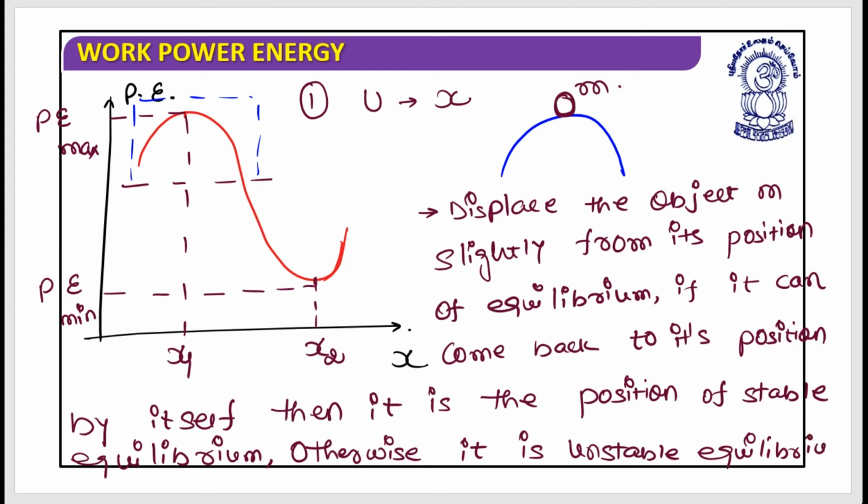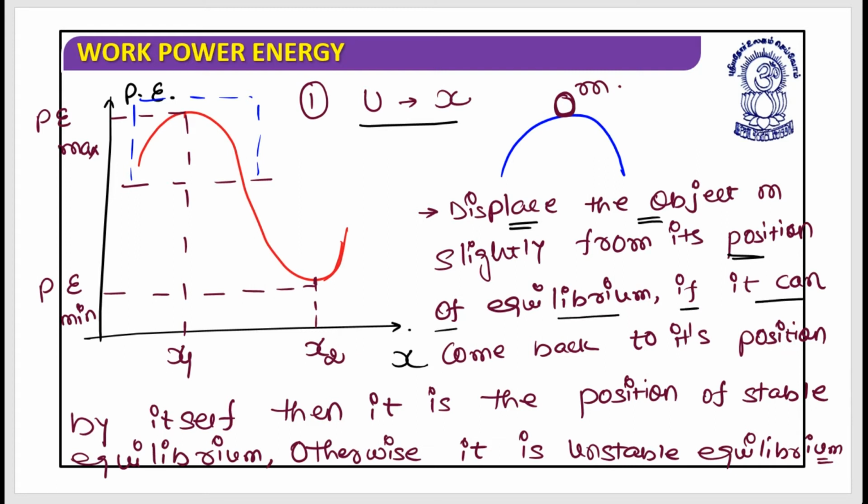So read this very carefully. We are going to discuss this. First, keep in mind that this is the case for potential energy versus distance. What you need to do is displace your object slightly from its position of equilibrium.